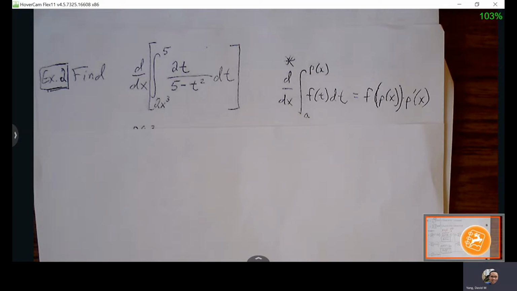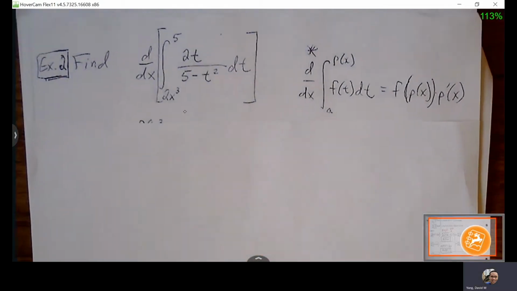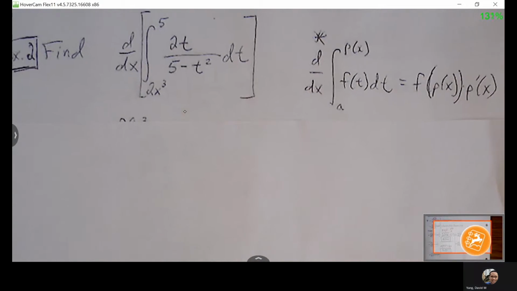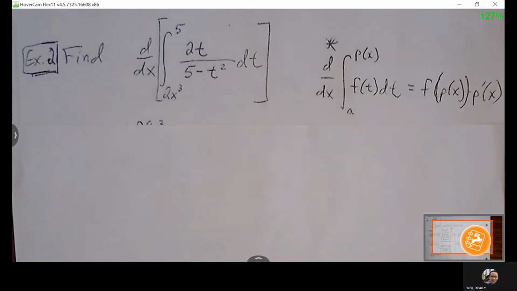Does anybody still need number 47 on the board? So here's the second theorem.